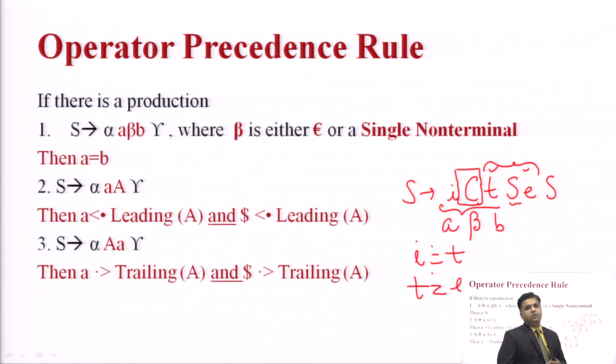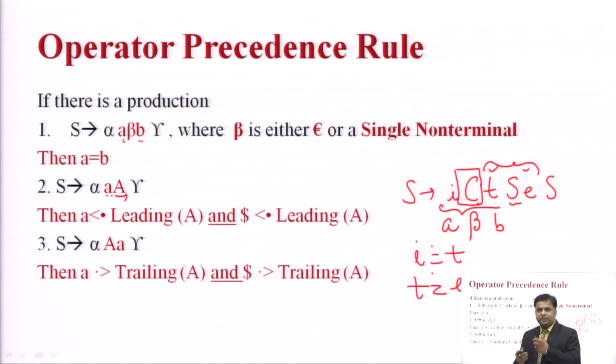So, we have to find out a pattern like this, that the two terminal symbols are separated by either epsilon or a single non terminal, right. Next the pattern is alpha followed by a terminal followed by a non terminal.